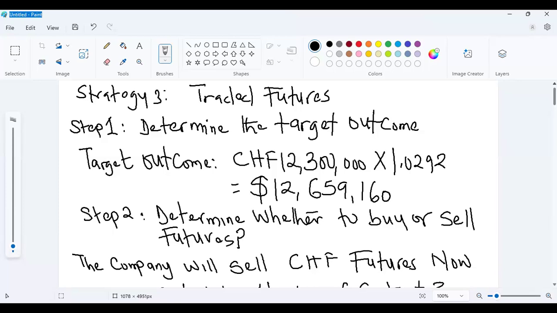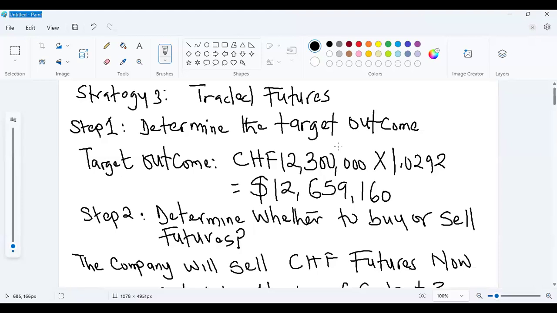So you assume in step 1 that assuming I receive the money today, the dollar equivalent will have been 12,659,160.